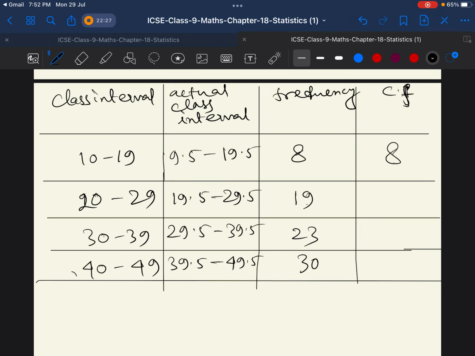Sorry, here you notice the cumulative frequency table you see. This is the cumulative frequency table. Okay, so 8, 19, 23 and 30.